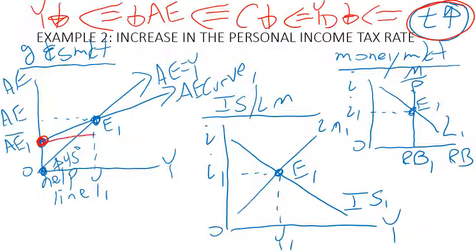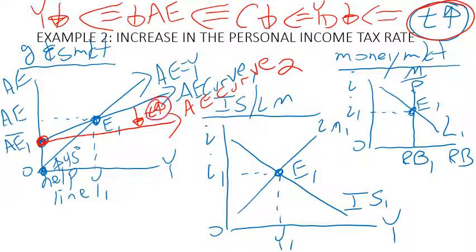So it's a downward shift. So this would be the new AE curve that we would label AE curve 2. All right. So it's a downward non-parallel shift, again, which is due to an increase in T.